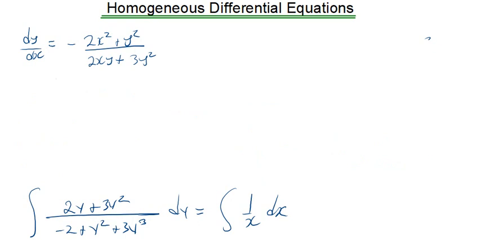We can use substitution for the left hand side. Let u equal minus 2 plus v squared plus 3v to the power 3. So du equals 0 here, that will be 2v plus 9v squared.